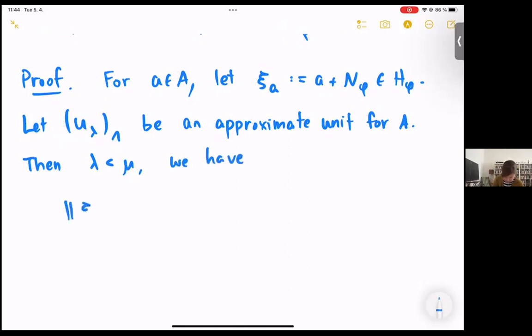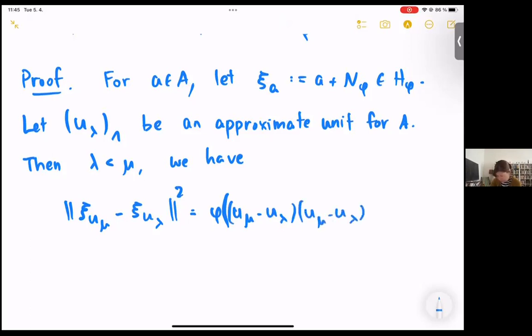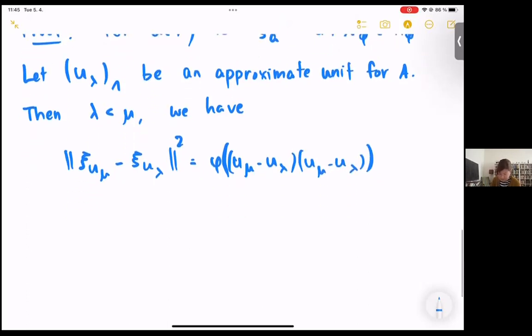We can look at the distance between psi of u mu and psi of u lambda. By definition of the inner product, that's just phi applied to u mu minus u lambda, star, but of course these are positive. And since these u mu and u lambda are at most 1, and phi is positive, we get that this is less than phi of u mu minus u lambda.